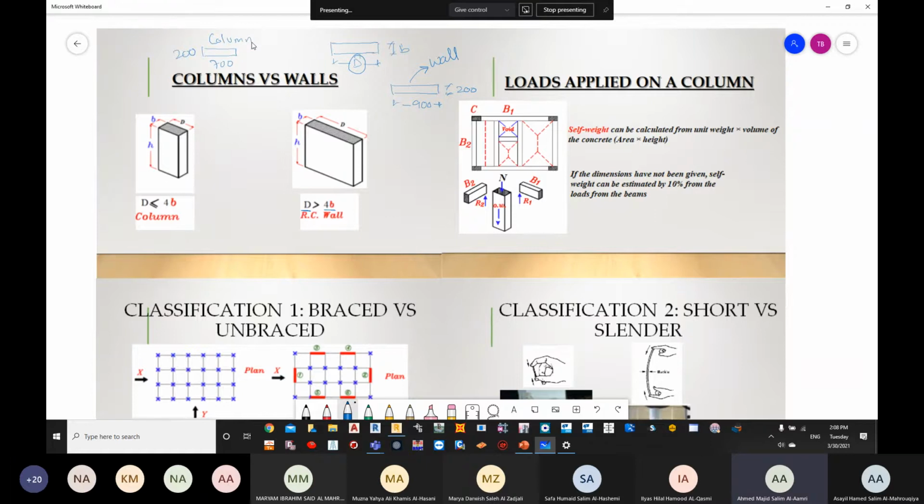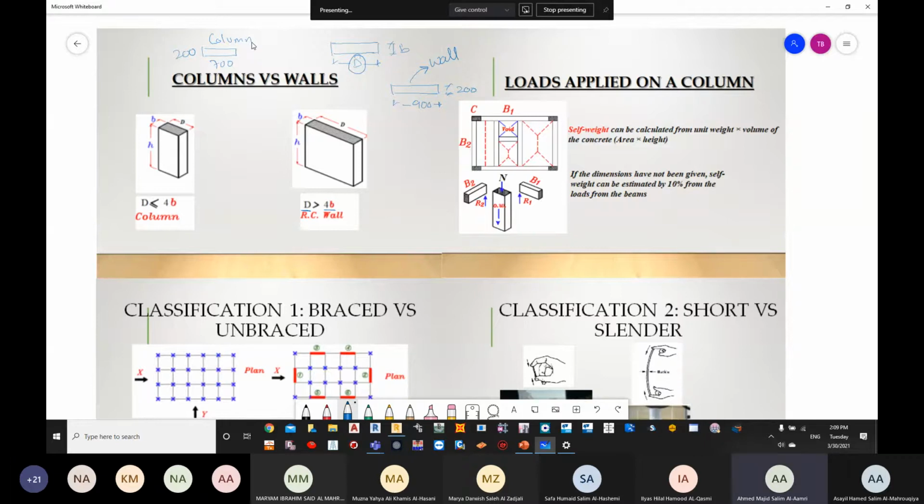Now is it clear for you when to classify this vertical element as a column, and when to classify it as a wall? Okay. Now that's regarding the wall and the columns. Any question you have for the columns and the wall, or is it clear already?